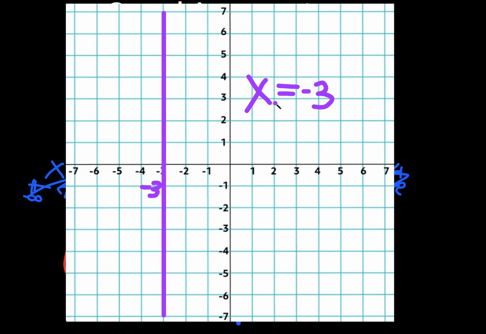Vertical lines will always use x equals to begin their equation, and horizontal lines will always use y equals to begin their equation. So let's practice drawing out another vertical line. If we were given the equation x equals 2, we would move right or left to find our x coordinate, and because we're looking for 2, it is right here.